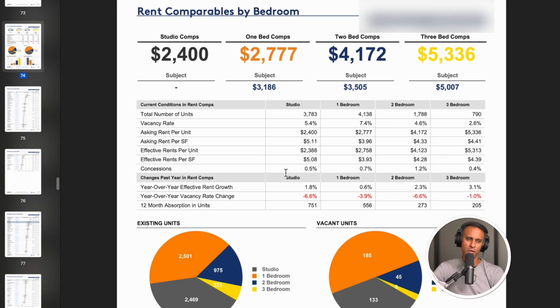There's other information on the revenue side, like, hey, are people giving concessions? So are people giving 1 month free, 2 months free, 3 months free? During COVID, you heard all kinds of crazy stories like getting 3 months free, 4 months free at that time because people just needed to fill buildings. People had left. And the market data, CoStar through their process and methodology tries to aggregate that type of data.